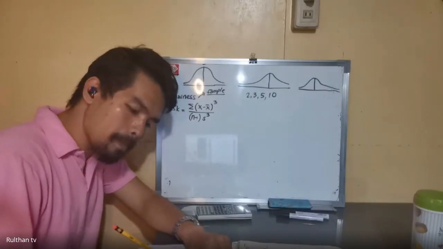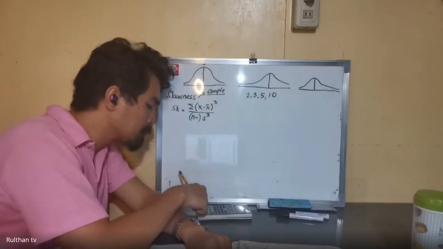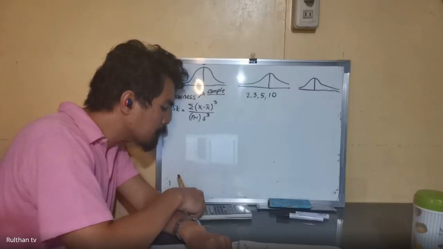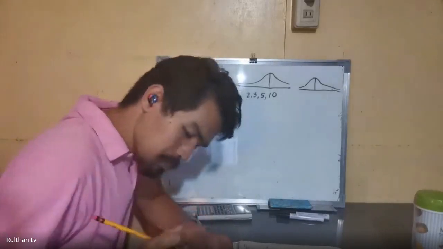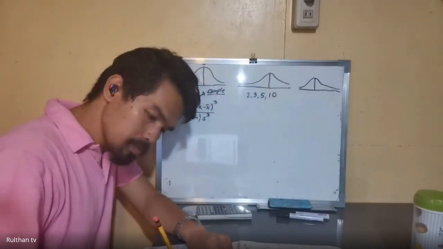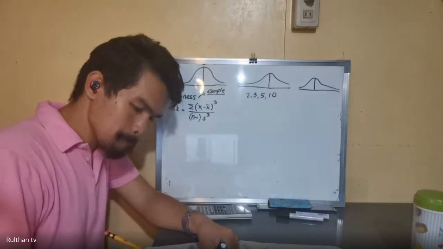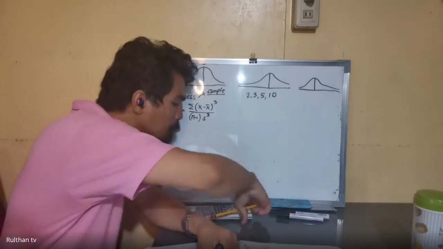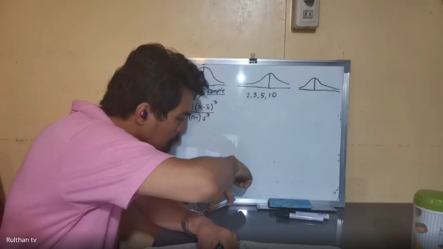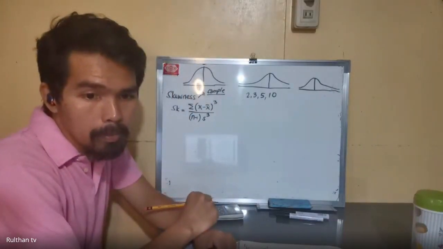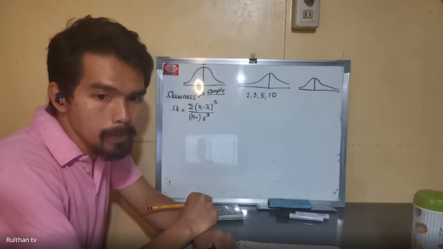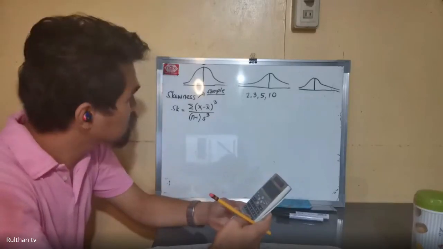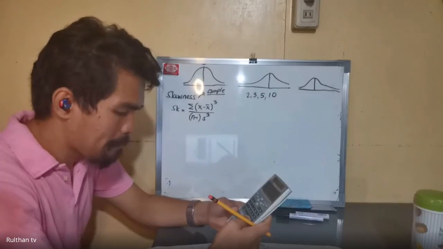What is the variance? That was n minus 1, right?